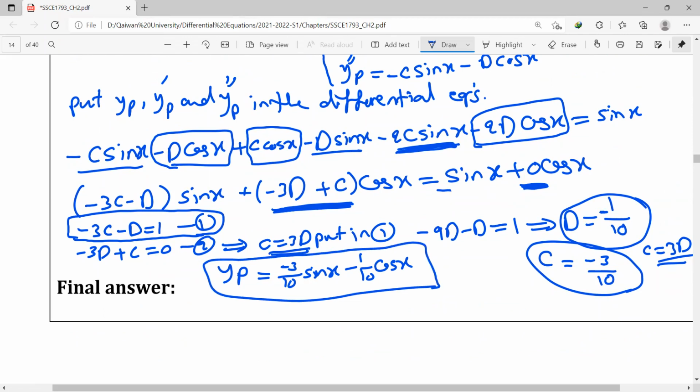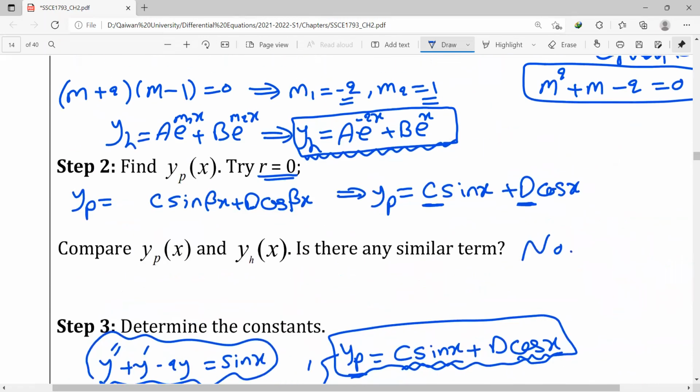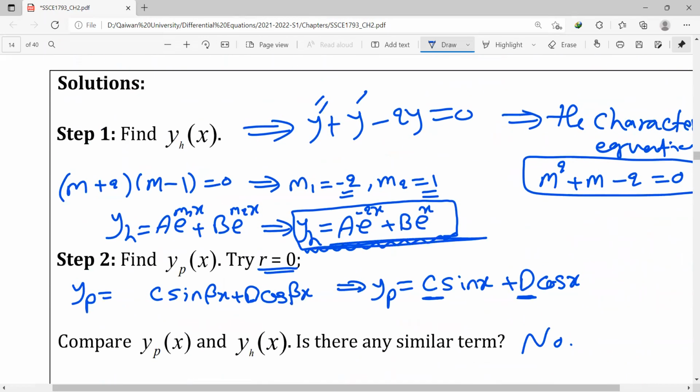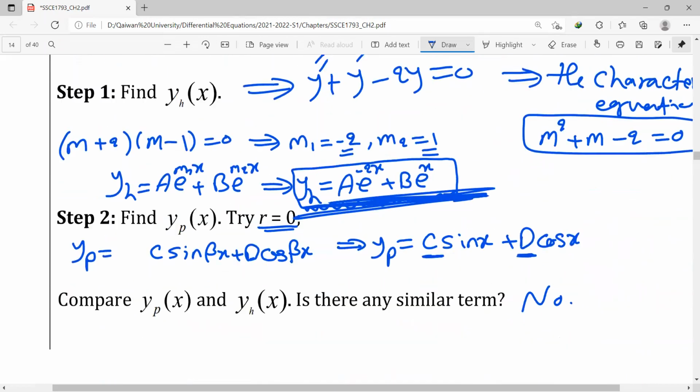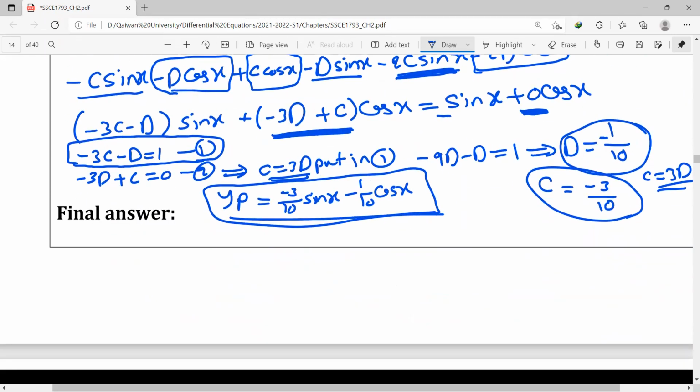This is the particular solution. Now we have both the particular solution and the homogeneous solution. The above one is the homogeneous solution, and this one which we find now is the particular solution. We say y, which is the general solution, which is the final answer, is yp plus yh.